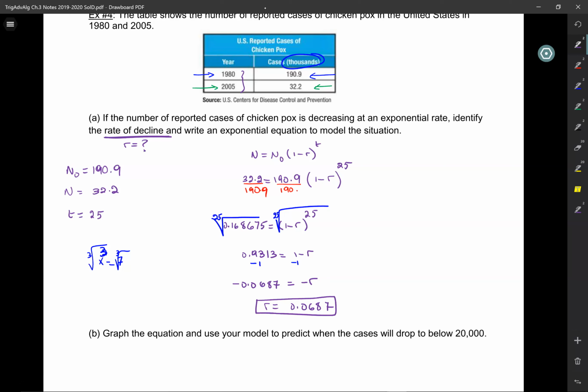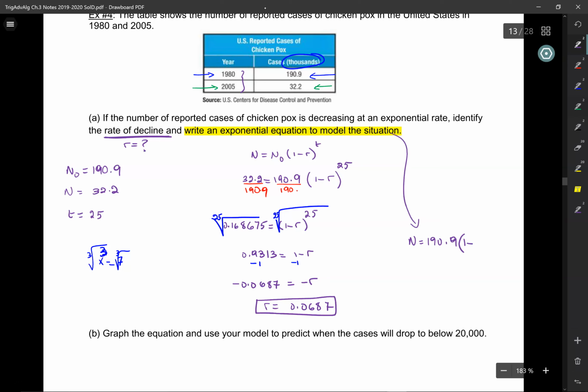But now it says, write an exponential equation to model the situation. So what's the exponential equation? It's N equals N naught, 1 minus r to the power of t.